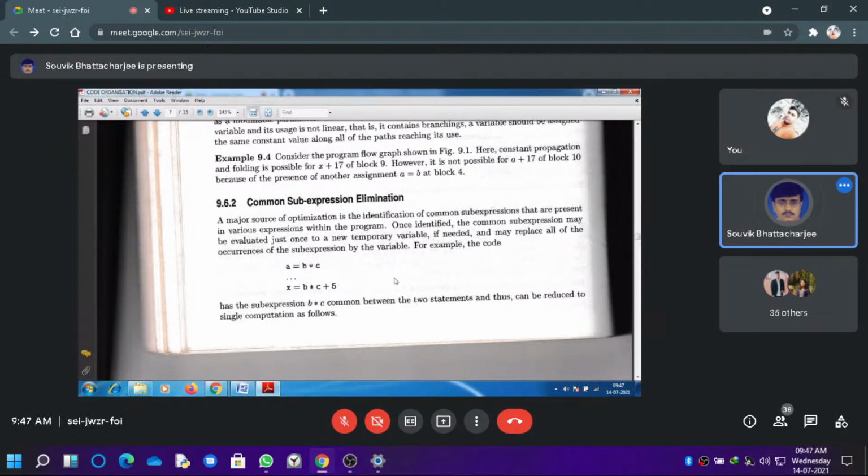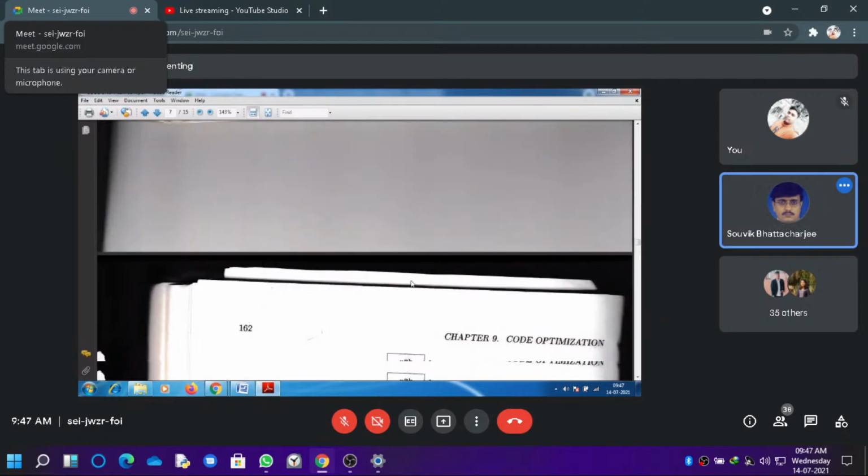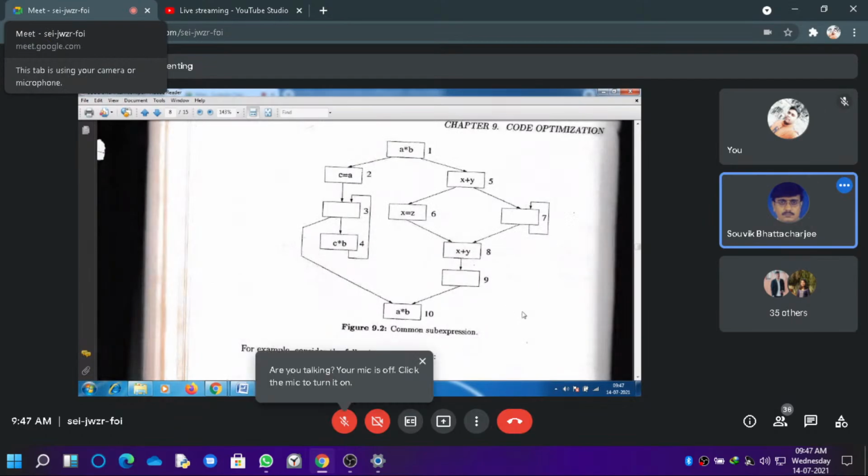Now you just see this diagram also. Based on common subexpression elimination, you try to explain these things also. Let's see.